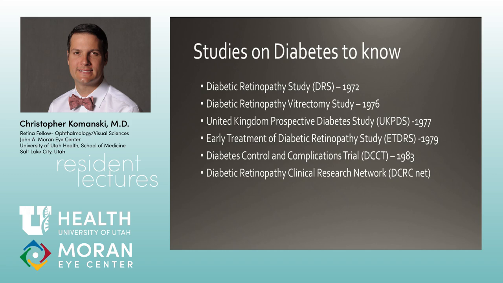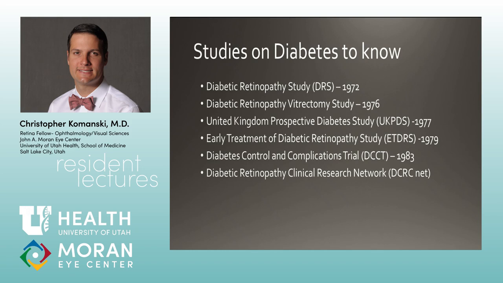So we've come a long way from chopping out sections of brain to be a little more focused since 70 years ago. The first one to look at is 1972, and I think it's so impressive to look at how long ago some of these studies were, and they're still really important to how we practice, which is the Diabetic Retinopathy Study.